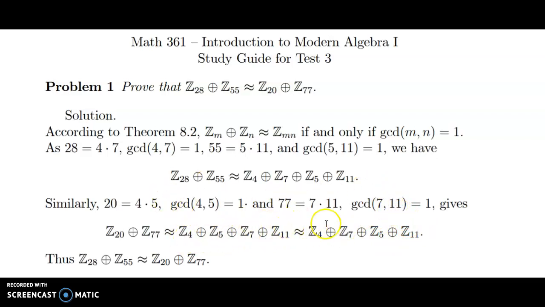So we reorder those to get the same order as here. This shows that Z28 plus Z55 and Z20 plus Z77 are isomorphic because they are isomorphic to the same external direct product.